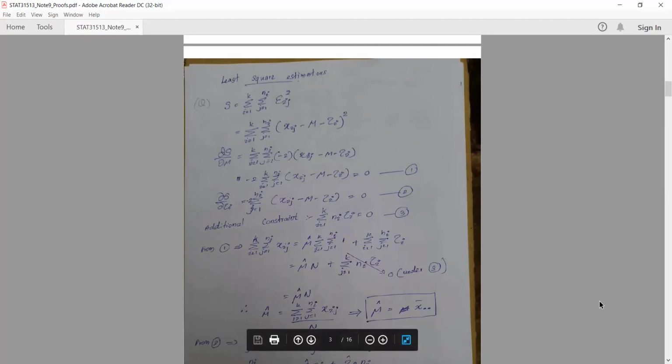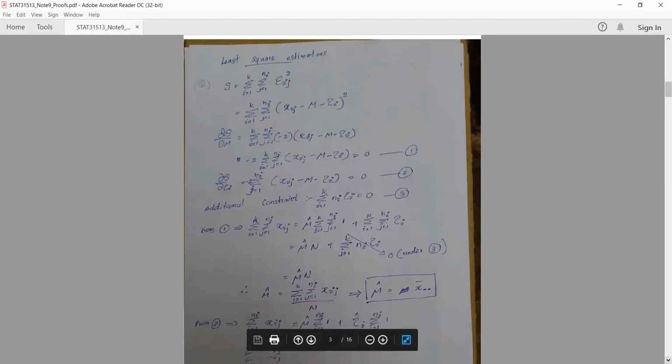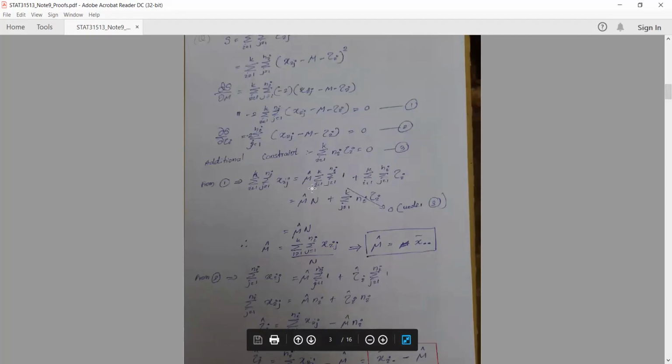So since we are going to find the estimators for our parameter mu, let's denote mu as mu hat. So here we have summation I goes from 1 to k, summation j goes from 1 to ni, xij is equal to mu hat times N. So we want to find an estimator for mu hat.